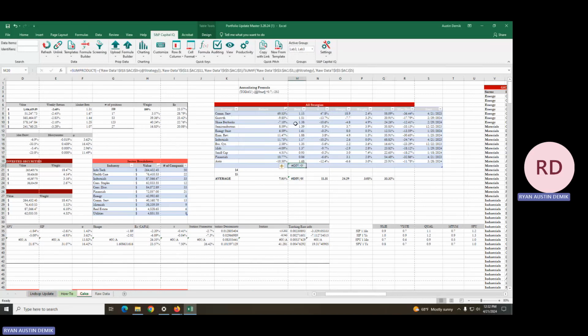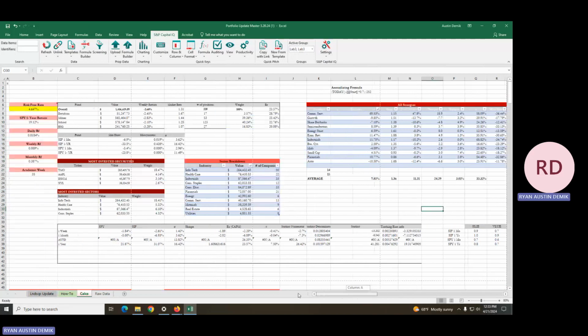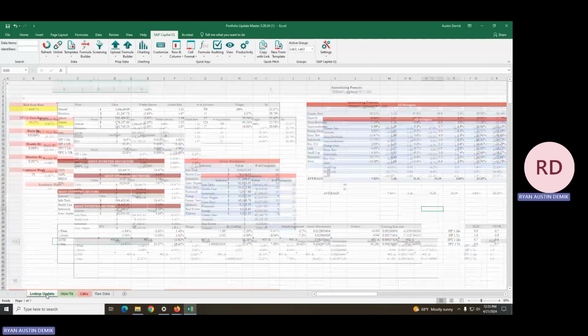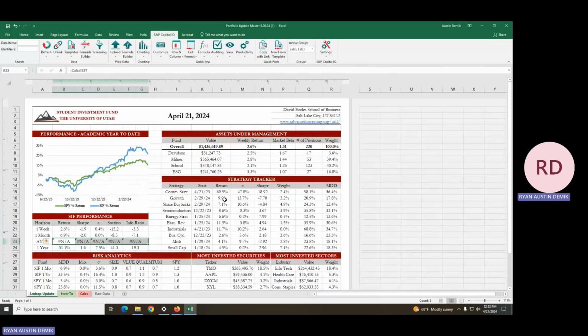Anyway, then you have the rest of our analytics down here, just basic averages of everything else. That's really about it in terms of adding and subtracting, or making trades in the fund, in the strategy tracker.